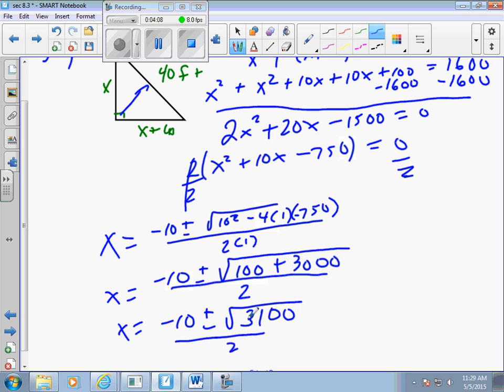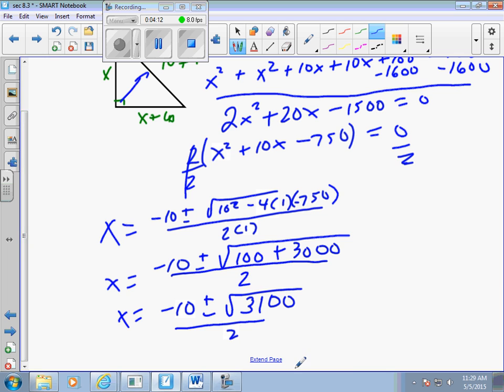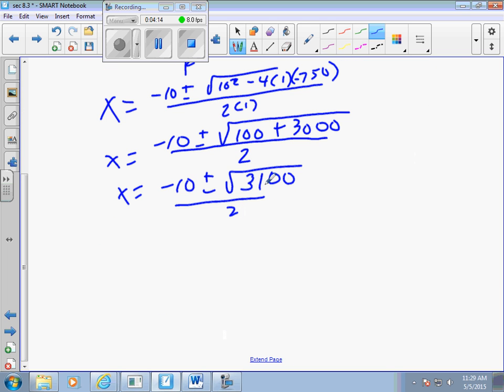Now, if you read the instructions carefully for this question, they're asking us to approximate to the nearest foot. So I'm going to need some help from my calculator here. I need the square root of 3,100 to the nearest tenth. The nearest tenth. 55.7, all over 2.